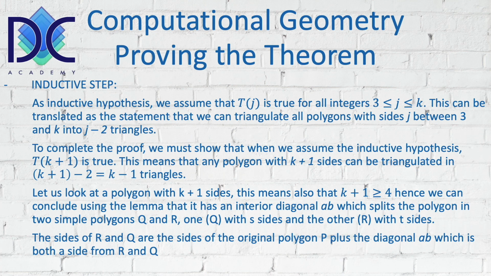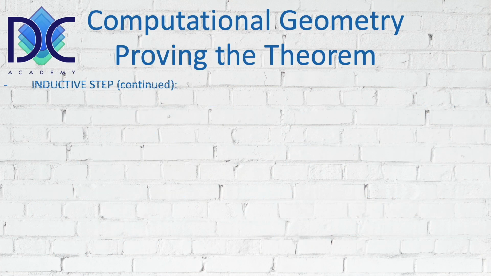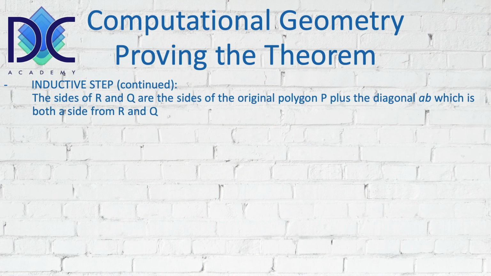Then we can say that the sides of R and Q are the sides of the original polygon P plus the diagonal AB, which is both a side of R and Q. That's the last step that I've shown on the previous slide.